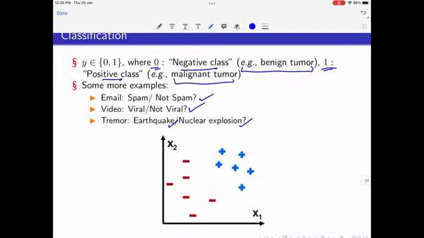We'll see. But feature is the common term, at least in deep learning literature, that we will use. So X1 and X2, for the tumor case, maybe X1 is the size, and X2 is the texture of it, whether it's fine-grained or coarse-grained.